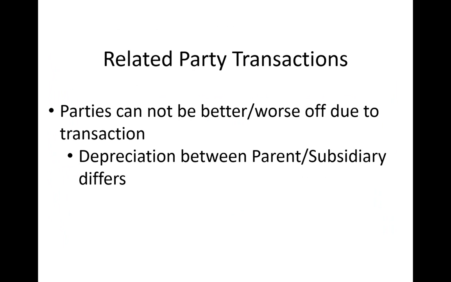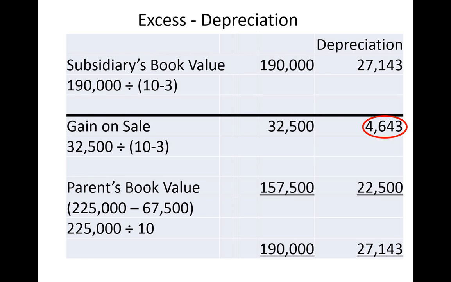Now, what we have to remember is that each and every year, the parent and the subsidiary can be no better or worse off due to a transaction. And if you remember correctly, the subsidiary is depreciating that equipment at $27,143. That's fine that the sub is doing that, but for consolidation purposes, we've got to bring the depreciation back in line to what would have been taken if the parent had continued to own the asset.